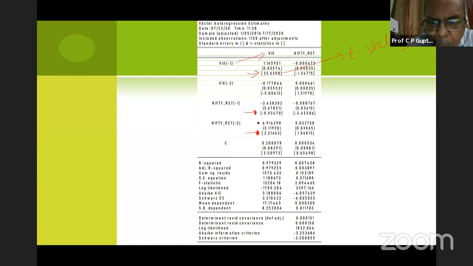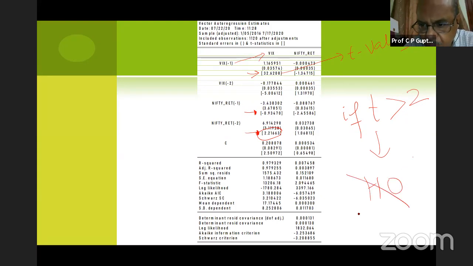This is coming to be significant. So normally if t is greater than 2, then we reject the null hypothesis. And you can see here we are rejecting it. Okay. Now what is the implication of it?